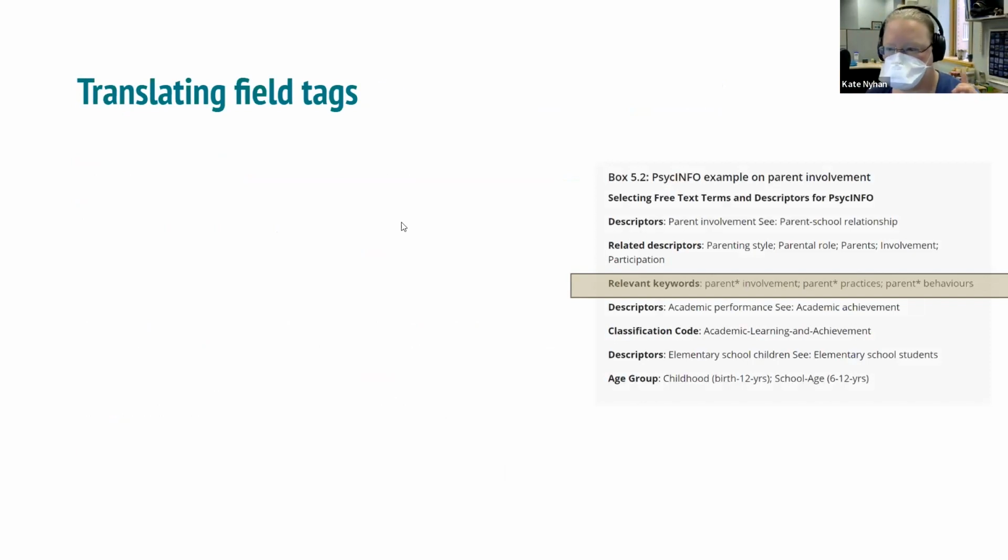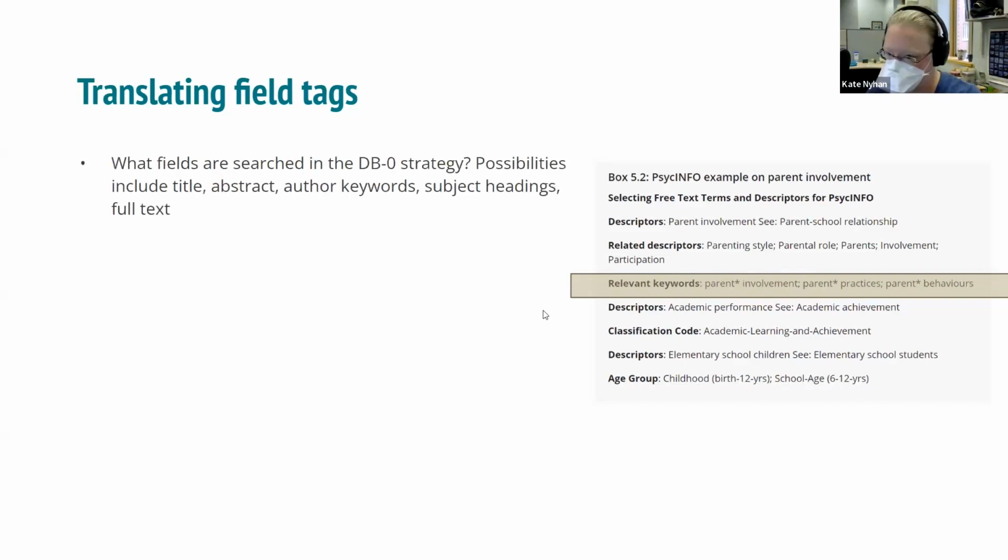Now, I want to go over the translation of field tags in particular, using this example from the Campbell searching paper, focusing on these keywords that they mentioned using for the idea of parental involvement. Some thoughts to keep in mind.